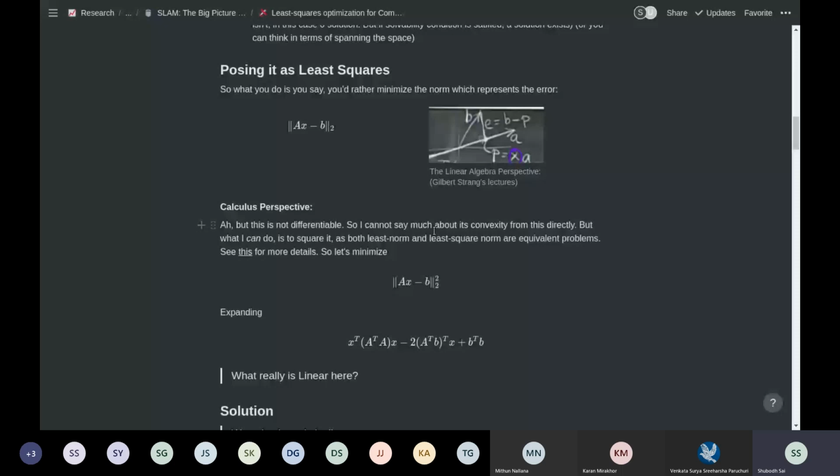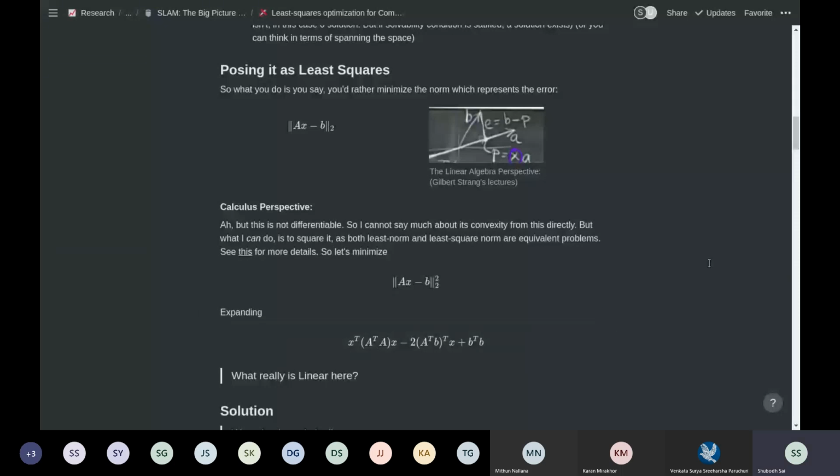But they are equivalent problems. That is why we square it and say I want to minimize this. Now this becomes differentiable. We had a problem before: we were not able to differentiate the norm of AX minus B. Now we squared it, expanded it, and we can differentiate it easily.